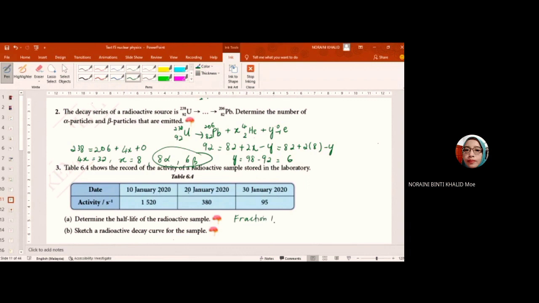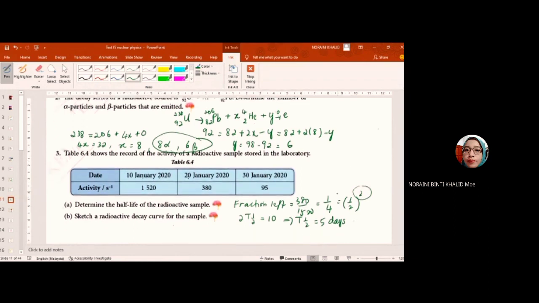The fraction left here is 380 divided by 1520, which equals 1 over 4, which equals half to the power 2. So from 10 January to 20 January actually equals 2 half-lives. Thus, 2 half-lives equals 10 days. So we get half-life equals 10 divided by 2, which is 5 days.